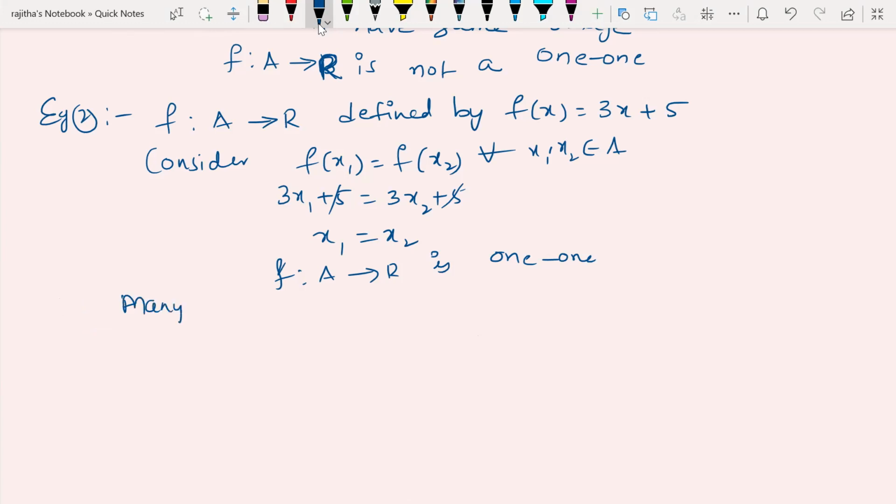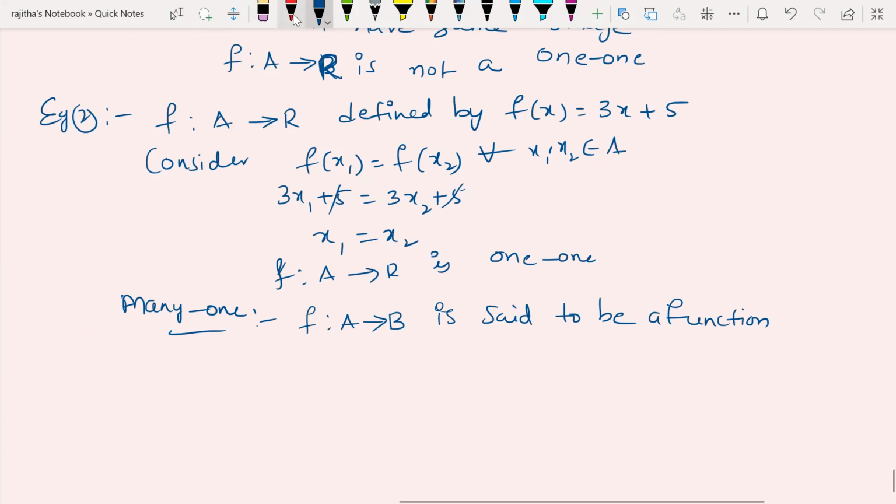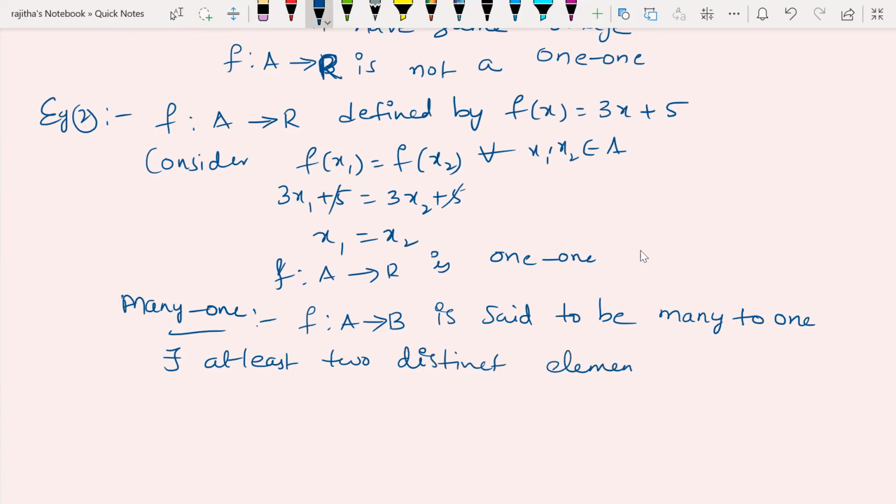The actual definition: a function f from A to B is said to be many to one if there exist at least 2 distinct elements in A whose images are the same.